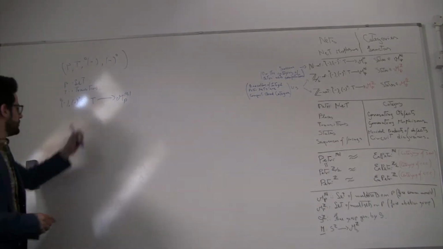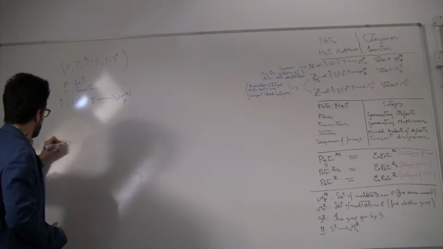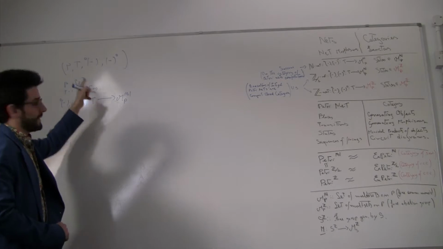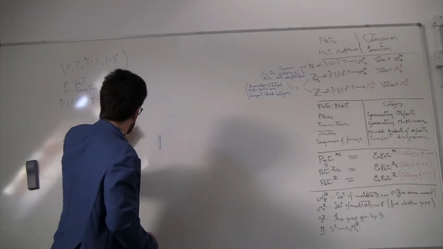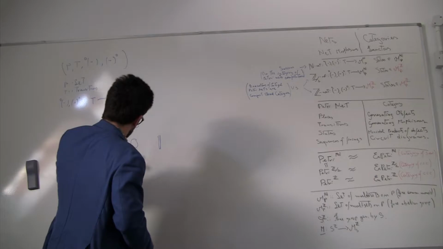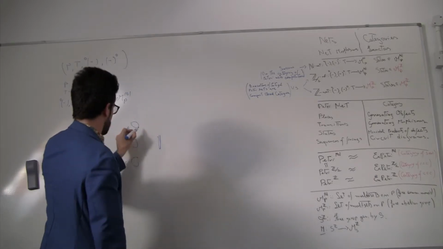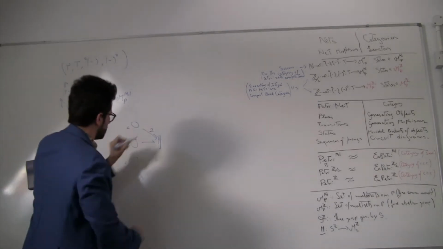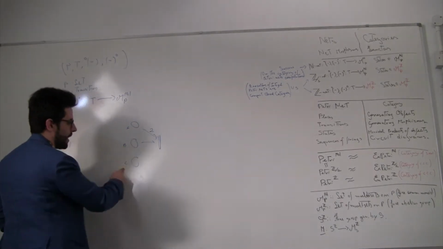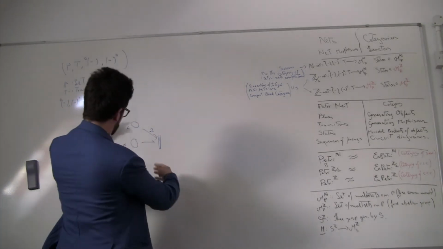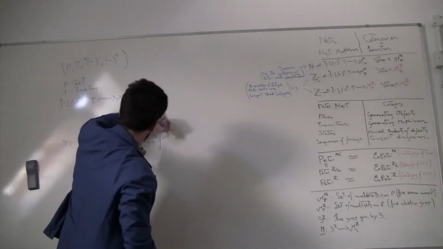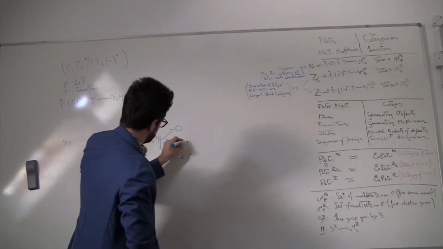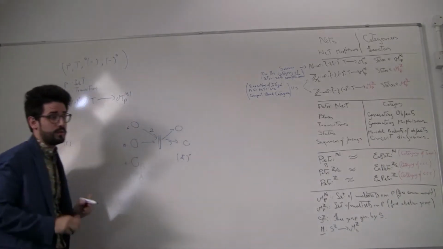So to each transition, I'm associating a multiset on the set of places. And you can see that if I have a situation like this, I could say that this corresponds to the multiset that assigns 2 to A, 1 to B, and 0 to C. And this is for the inputs, the ones that go in this direction, and this one is for the outputs that go in the other direction.